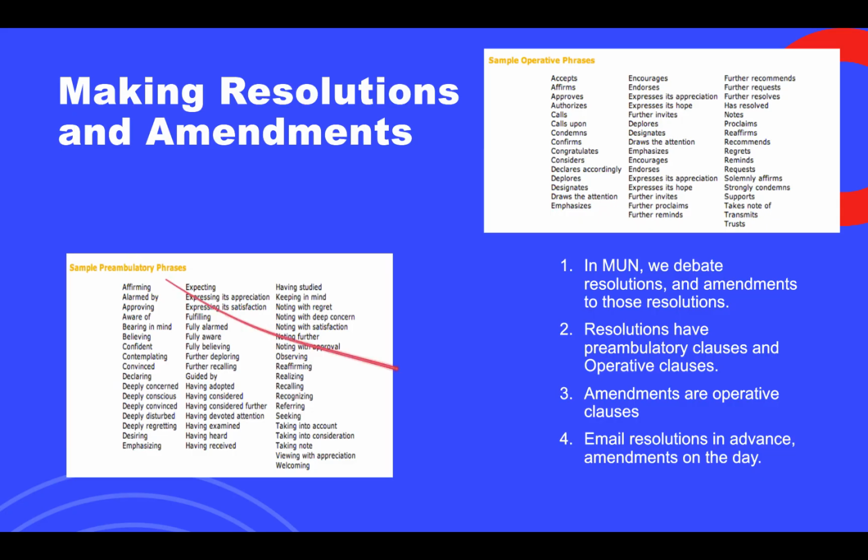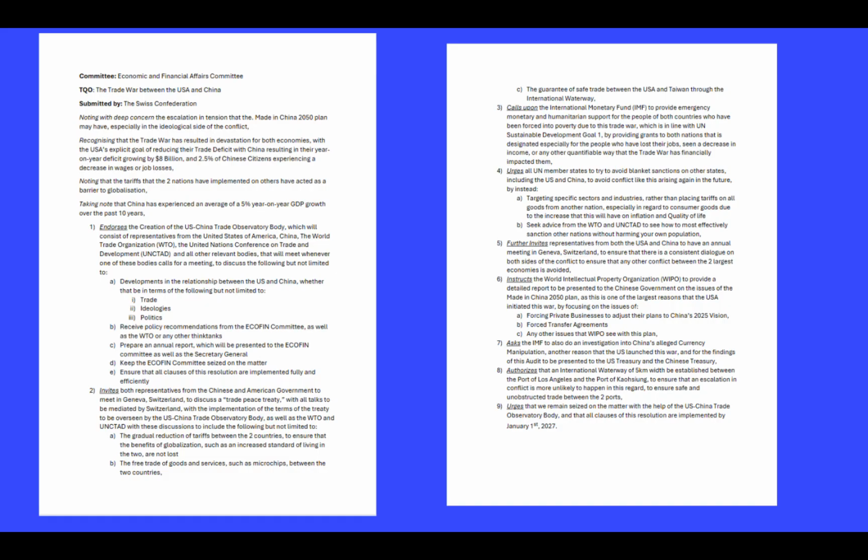They also have operative clauses. There are usually about 10 of those. Here they only have 9. These are numbered, so you can see 1, 2, 3, 4, and so on. And they have to start with particular words. That's the same for the preambulatory clauses as well. So if we look here, we have noting with deep concern, recognizing, noting, and taking note.